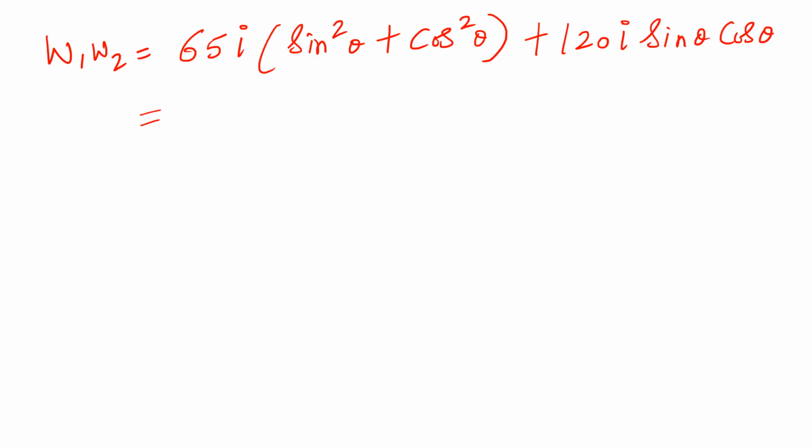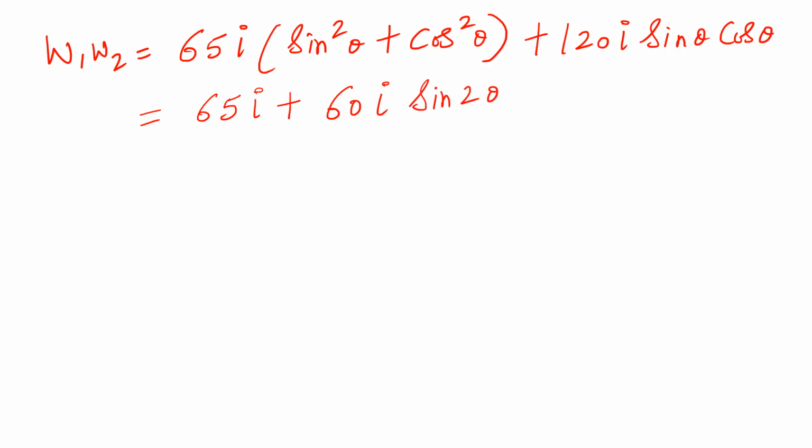Now students, we know that sin²θ + cos²θ is equal to 1. So W1 W2 becomes equal to 65i plus. We also know that 2 sin θ cos θ can be written as sin 2θ. So that means 120i sin θ cos θ can be written as 60i sin 2θ.